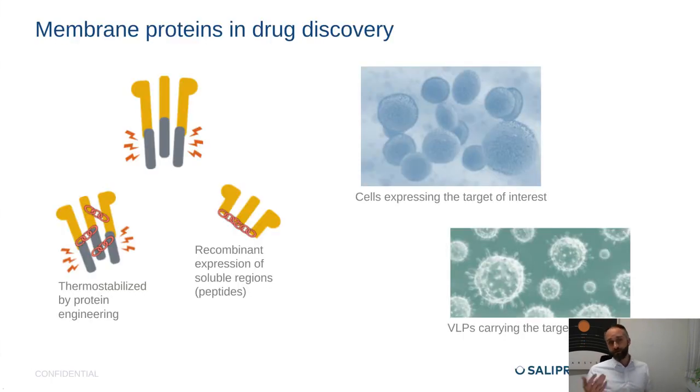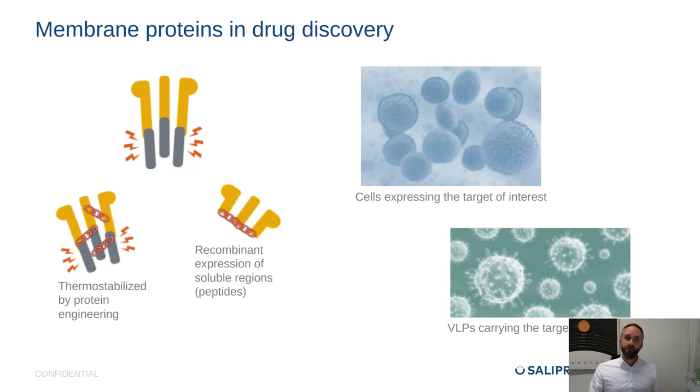Other approaches, which are not entirely relevant for cryo-EM but are also used in the drug discovery process, use cells expressing the target of interest, or VLPs, but they also come with pros and cons, such as high background noise and batch-to-batch variations.